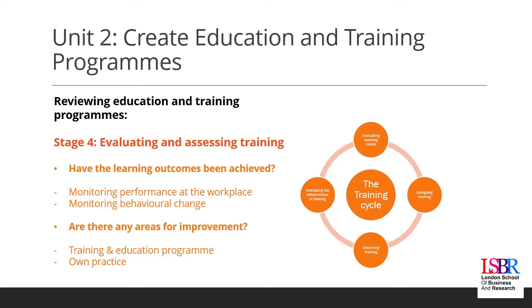So we are evaluating 3 things here: whether the learning outcomes have been achieved, which is a very important indicator that we should be evaluating as part of stage 4; then evaluating the effectiveness of the actual program and whether any improvements are necessary; and also evaluating your own practice as well.